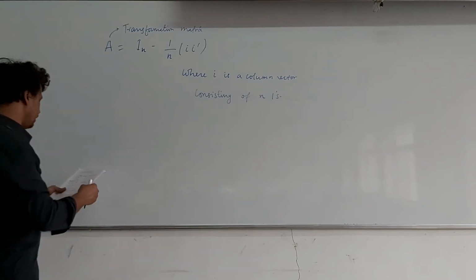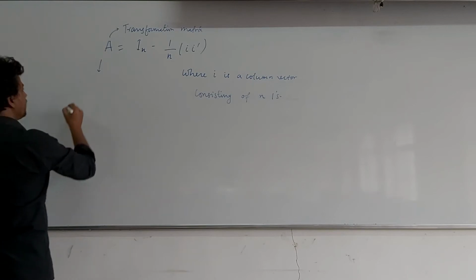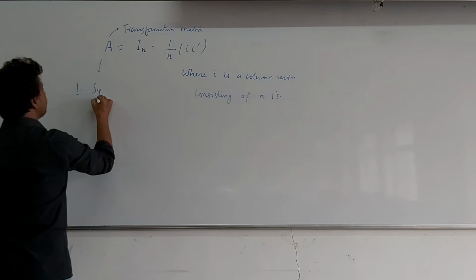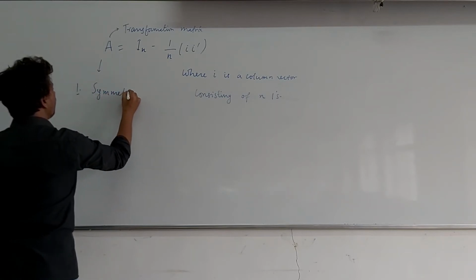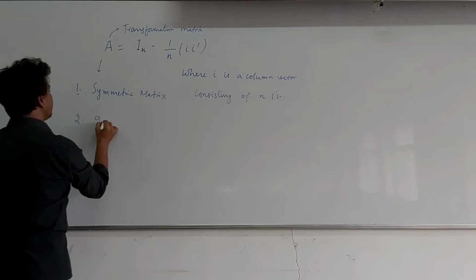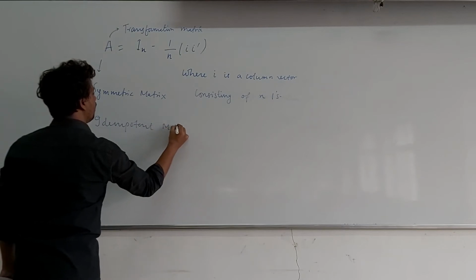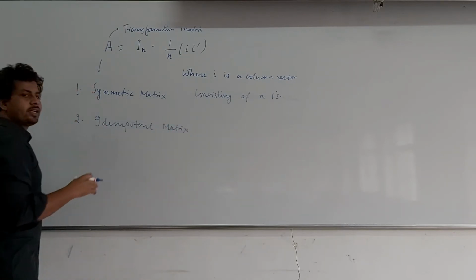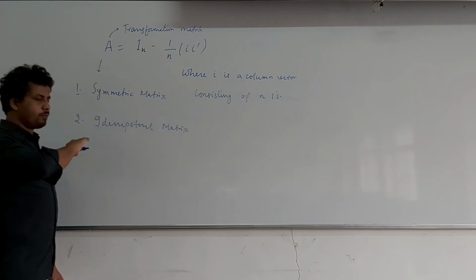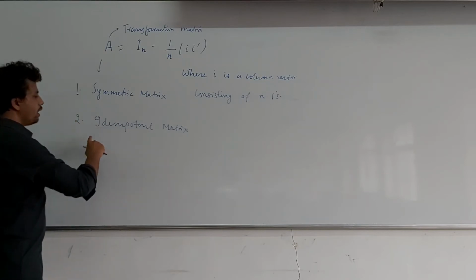So let me write it here. This matrix has two properties. First of all, it is a square matrix. You must understand that that's why it is a symmetric matrix as well. And it is also an idempotent matrix. What is a symmetric matrix? The elements on both sides of the principal diagonal are the same. And what is an idempotent matrix?